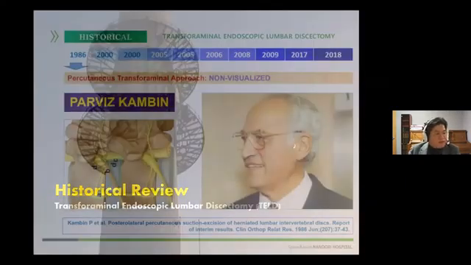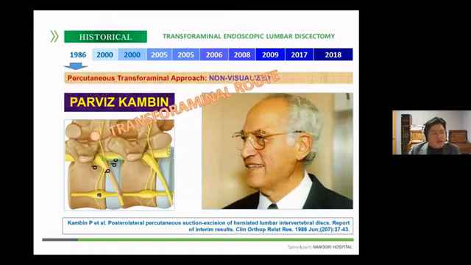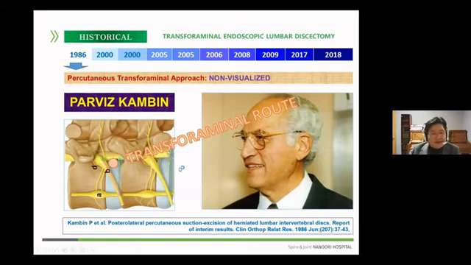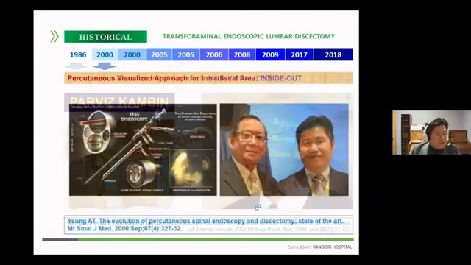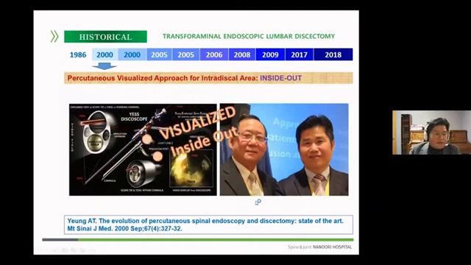Historically, transforaminal endoscopic spine surgery can be said to have originated in 1986 when Kambin introduced Kambin's triangle. However, visualized endoscopic spine surgery capable of full endoscopic spine surgery began in 2000 when Anthony Yeung introduced inside-out transforaminal endoscopic lumbar discectomy.